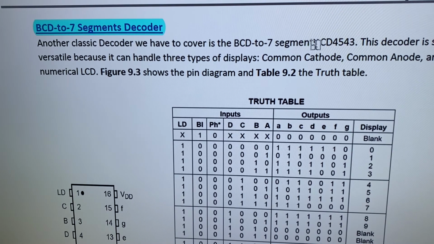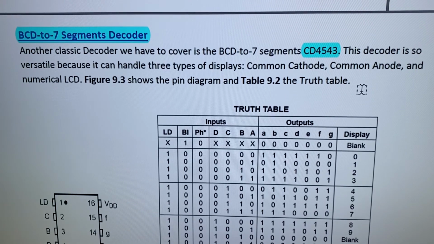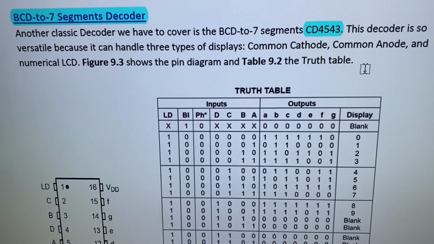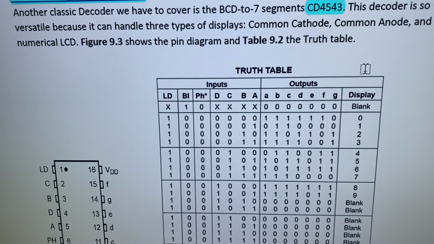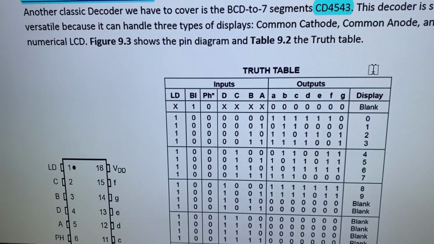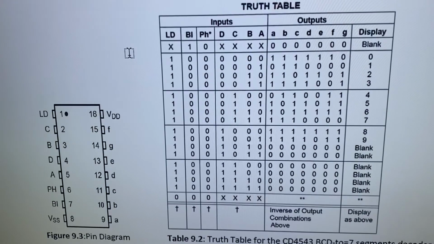I prefer the 4543 because of its versatility. It allows me to control a common anode, common cathode, and LCD displays, well, numerical LCD displays. So this is why I prefer to use this one.